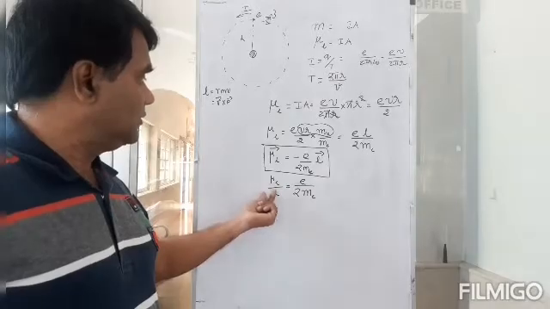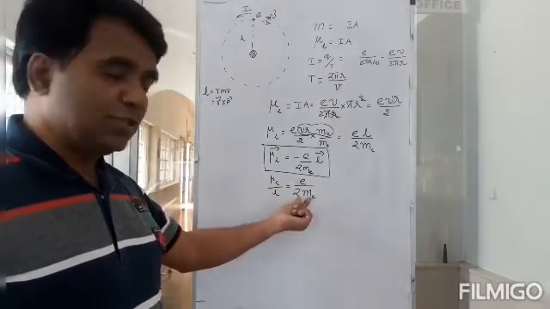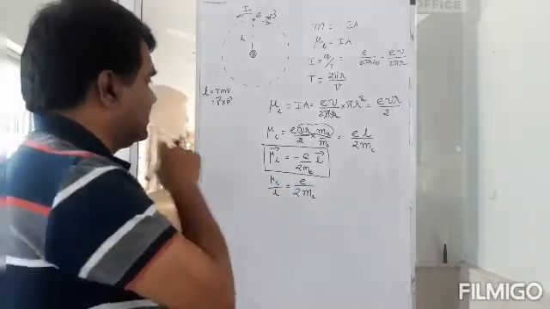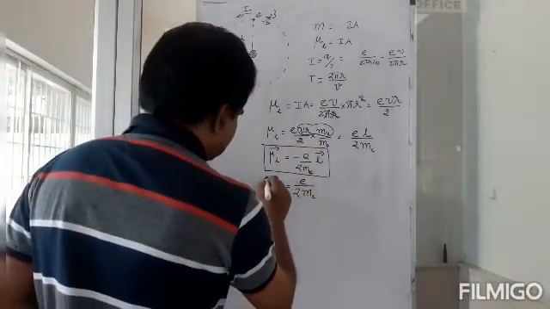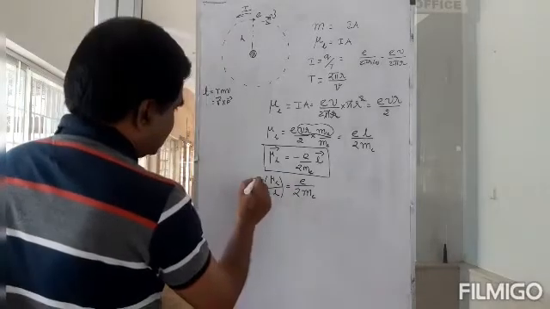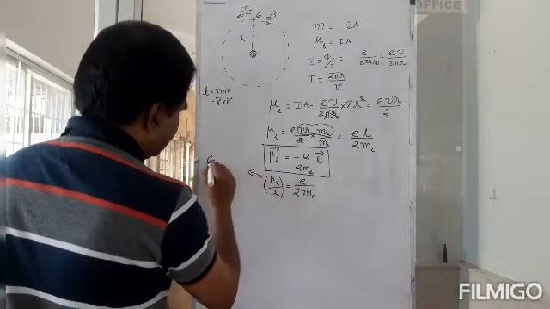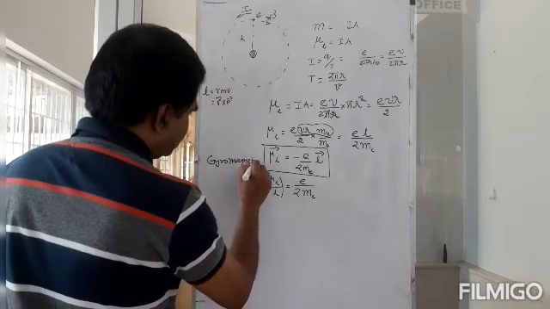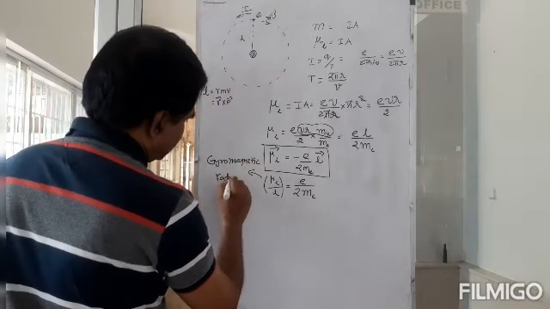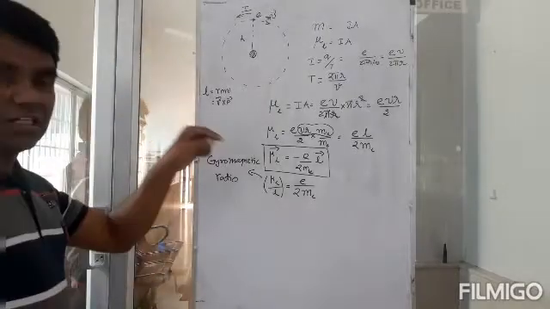So this is called the gyromagnetic ratio. This is a constant number.